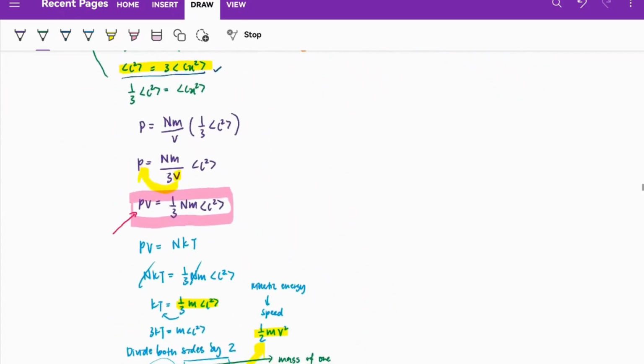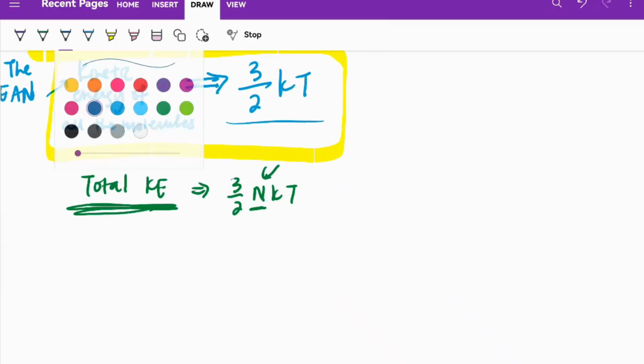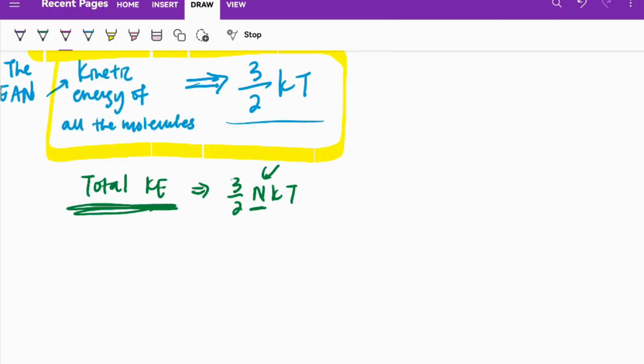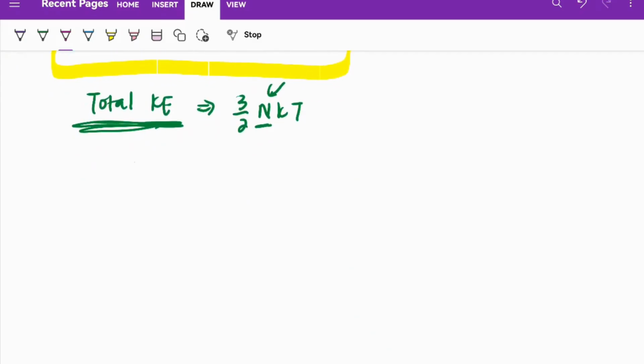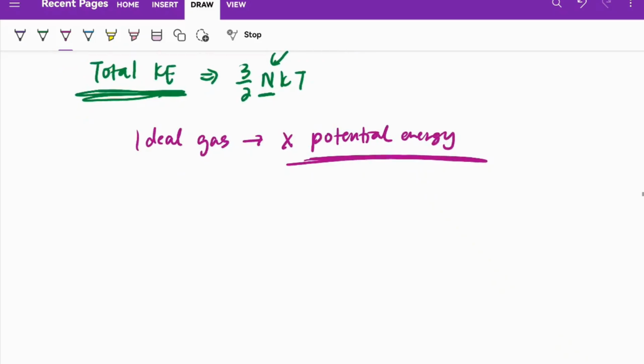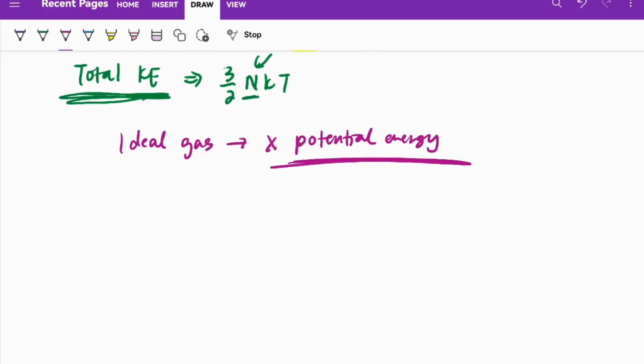Just one more tip, one more small piece of information that might be useful later on. Ideal gas has no potential energy. For your information, ideal gas has no potential energy because the intermolecular forces are negligible. So what will be the total internal energy?